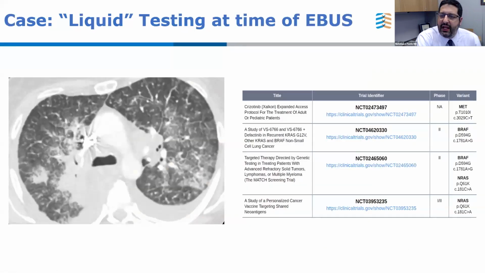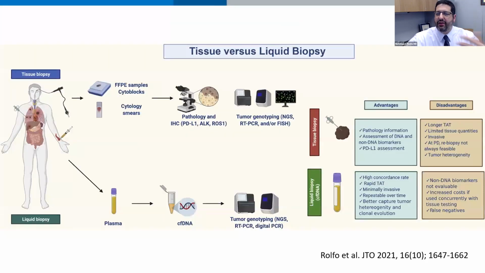So this patient happened to have a liquid biopsy at the time of the EBUS bronchoscopy, and they did actually have a mutation. Now the treatment was only available through a clinical trial for this particular BRAF mutation, but they did have some response to it, and it just goes to show the potential utility for the liquid biopsy, among other things.